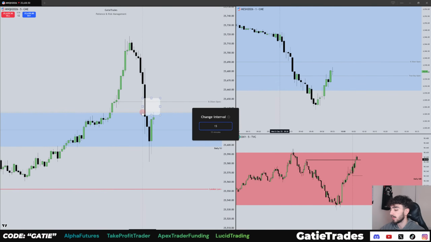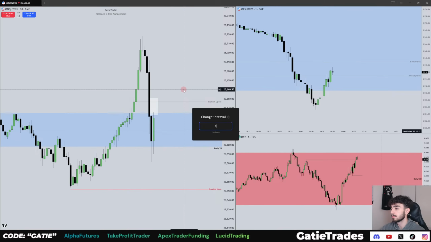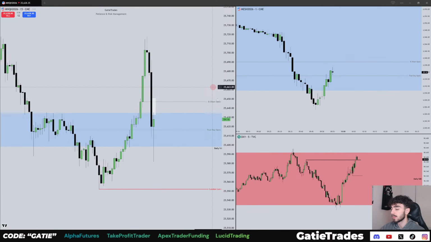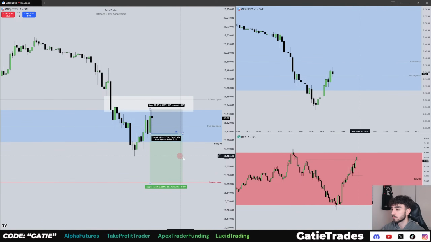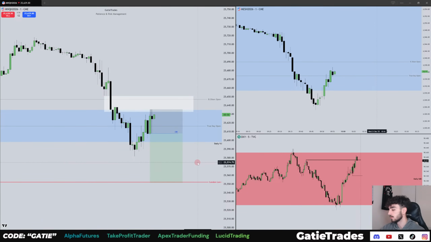So we touched the 5-minute, touched the 10-minute. The 15 is forming. I wouldn't even trust the OB here unless it was like one candle. I wouldn't even like that. I mean, it's inside the macro.